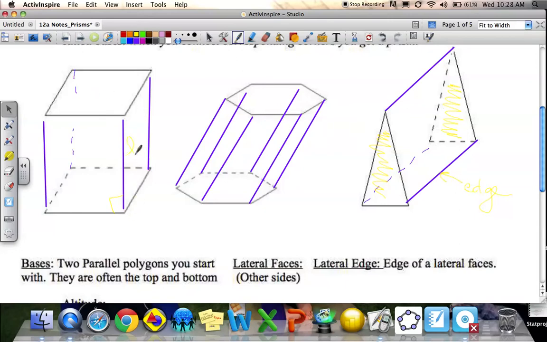Usually we call it the height, h. It would be the distance from the base to the base. Now in this drawing, the base is up here and there's a base down here. So the altitude would be the perpendicular distance between the two bases, the height. Notice that the altitude lives outside the prism in this drawing.